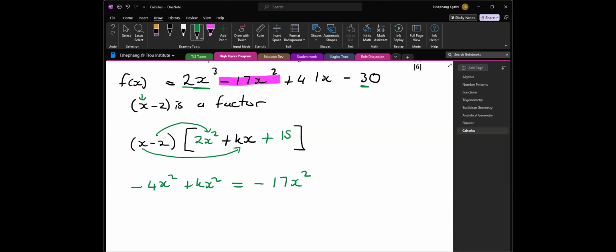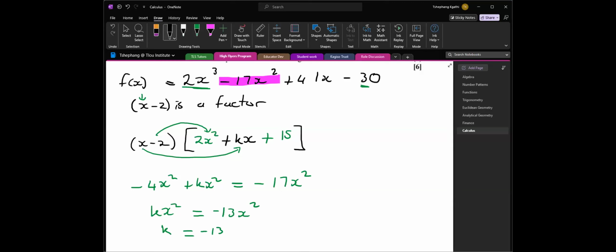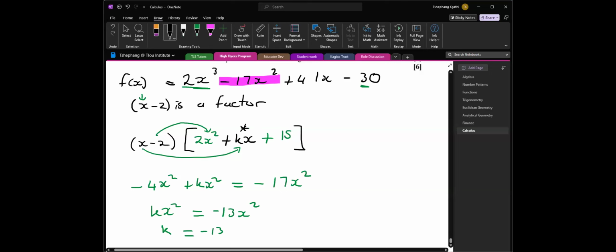Then all we need to do is solve for k. So kx squared is equal to negative 13x squared, negative 13 because the 4 came to that side. Now k is equal to minus 13. Then we know we're winning because the k value that we just found belongs there.